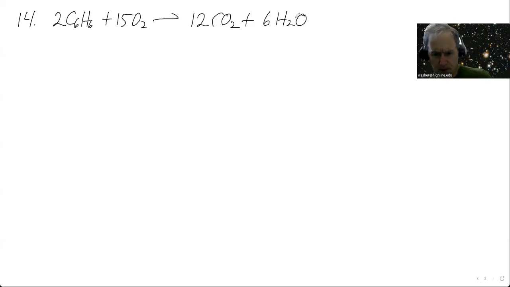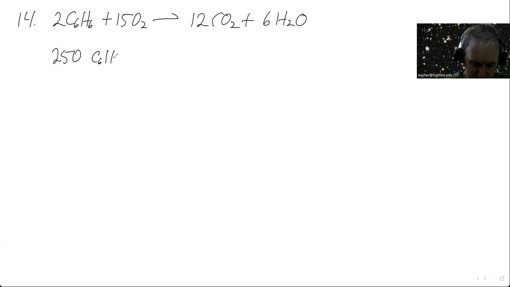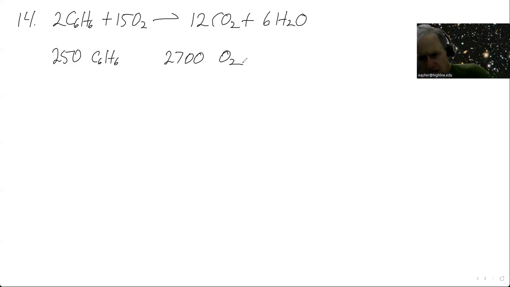It says if I have 250 molecules of C6H6 and 2,700 molecules of O2, which will be the limiting reagent, meaning which one will I consume first? Unless they're in stoichiometric balance, one of these will get used up. And remember, for each 2 of these, I have to use up 15 O2s. So I'm trying to figure out the stoichiometric balance of all this.